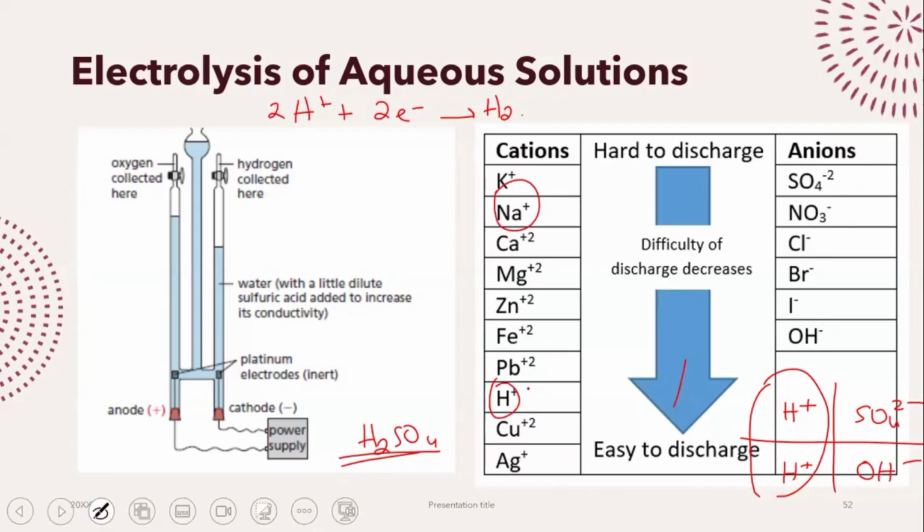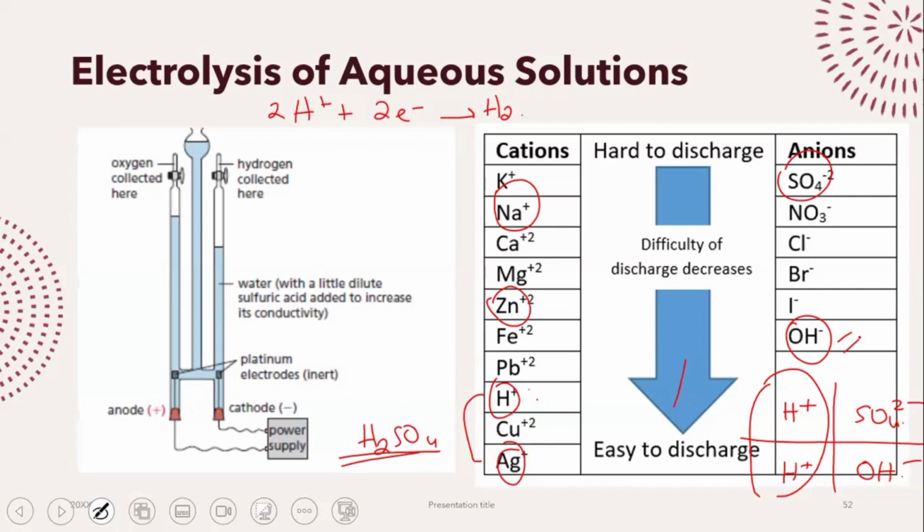Hydrogen, because hydrogen is less reactive. If I have zinc and hydrogen, who is going to go to the cathode? Hydrogen. If I have silver and hydrogen? Silver. The one that's low is the one that we will choose. So between sulfate and hydroxide, who is low? Hydroxide is lower. So we will choose hydroxide. So the hydroxide ions will go to the anode.